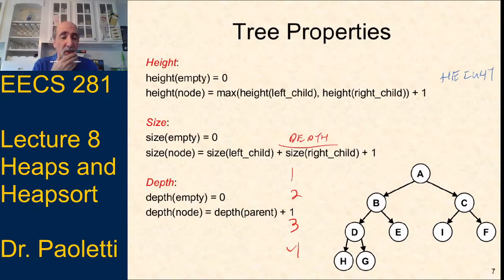So the easy ones are the children. We already did leaf nodes. We already did h, the leaf node h. We said h was a height of 1. Well, then g should be a height of 1. So should E and I and F. Think of it as how many pointers did you have to follow going down before you got to a null pointer?